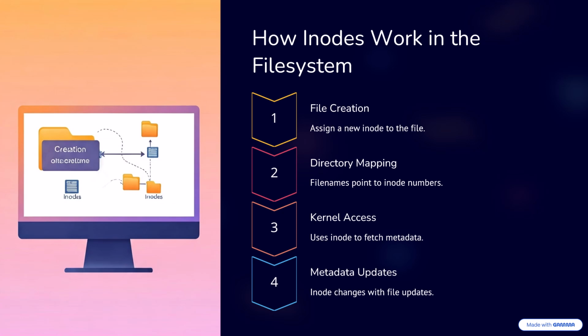First, we create a file and an inode is assigned to it. The file name is stored in the directory, which maps to the inode number. When you open a file, the system looks up the inode to access file information.